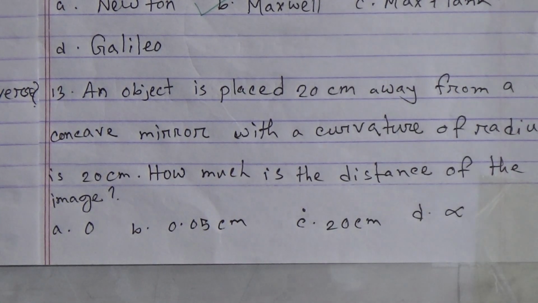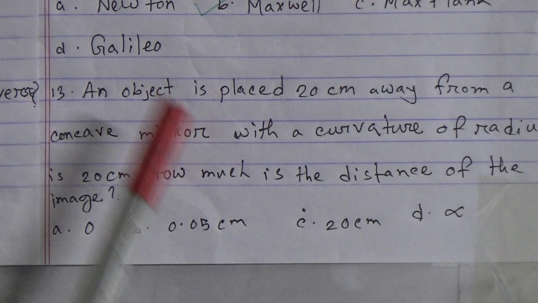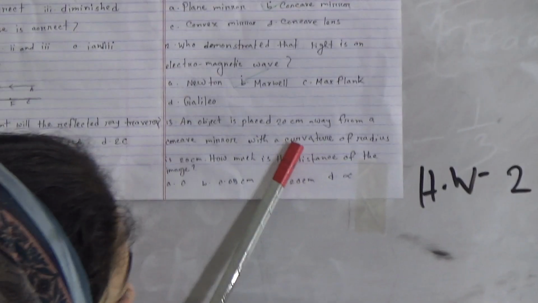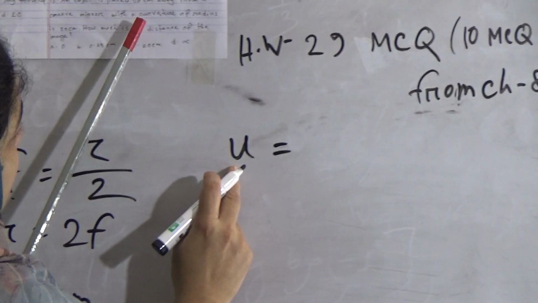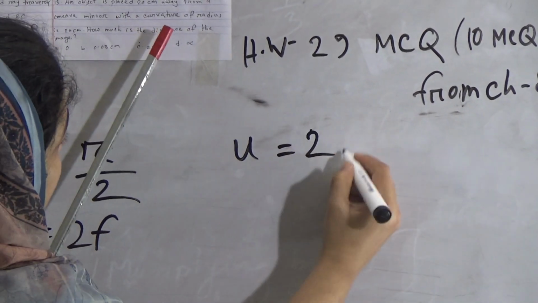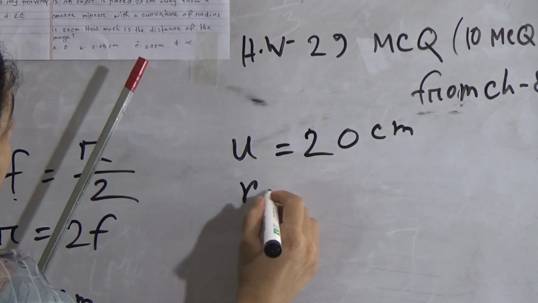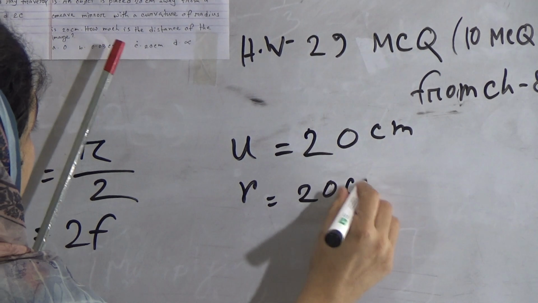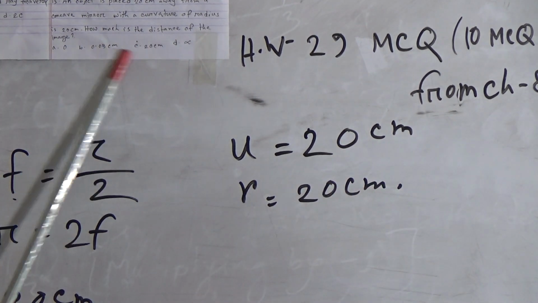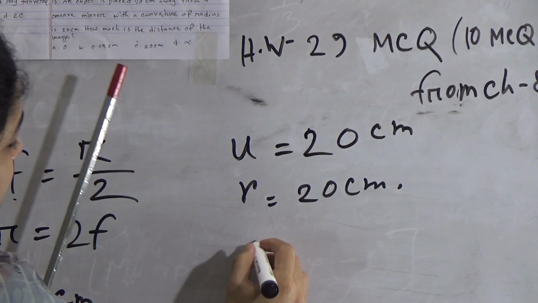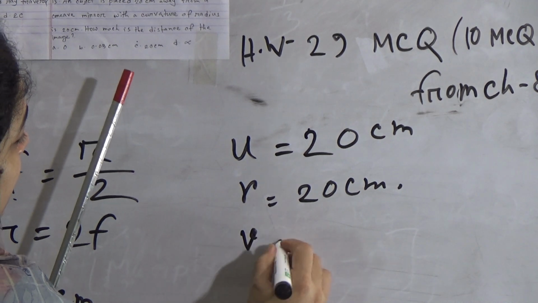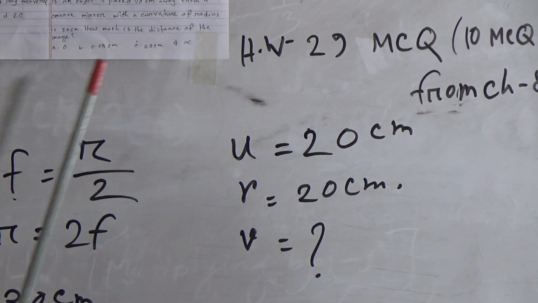My dear students, we have to find the distance of the image, so we will do this mathematical problem now. Here the distance of the object is u, that means u is 20 centimeter. The radius of curvature r is 20 centimeter, and we have to find the distance of the image, v.